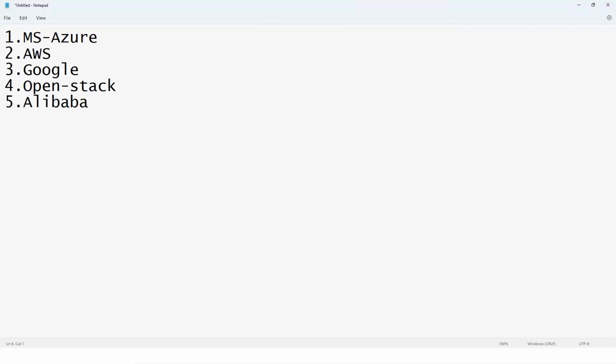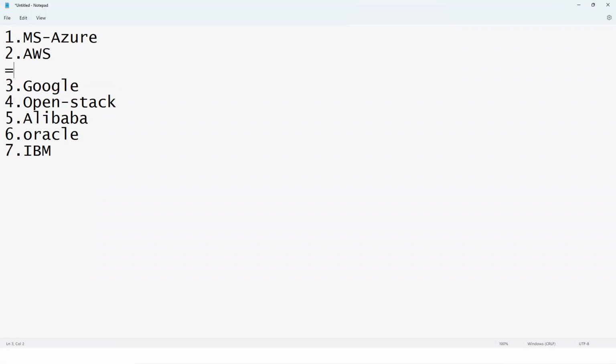Sixth one, Oracle Cloud. Seventh one, IBM Bluemix. Clear? Different vendors are there to provide cloud computing technology, but very popular in the market are these two.